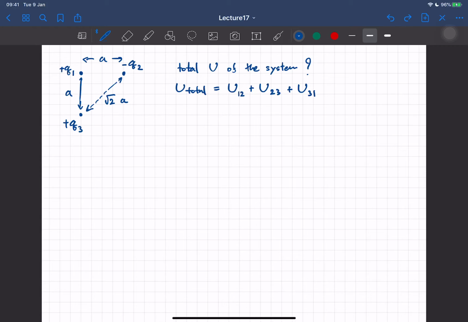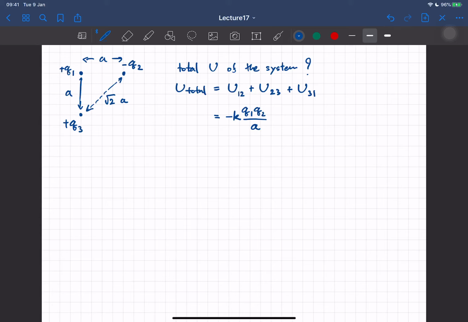All right. So what is the potential energy for each pair? Well, U1,2 is Q1 and Q2, right? So that's going to be K times Q1 and Q2, but one of the Q is negative, so I need negative K divided by the distance between the charges.